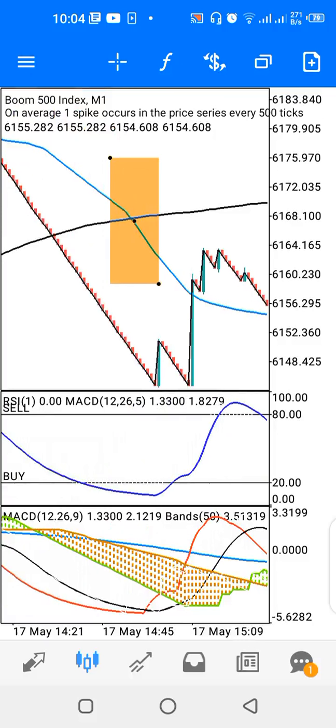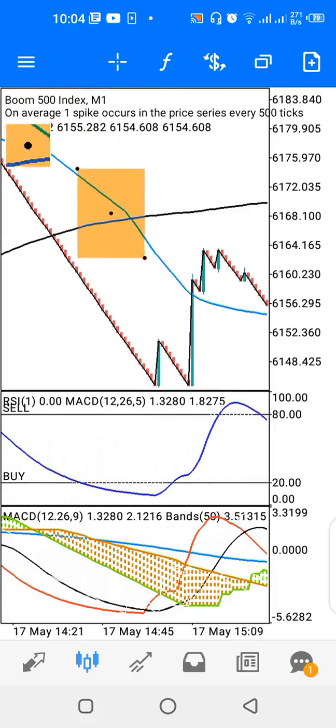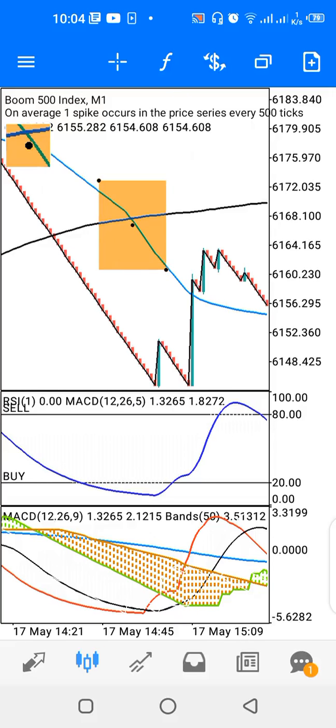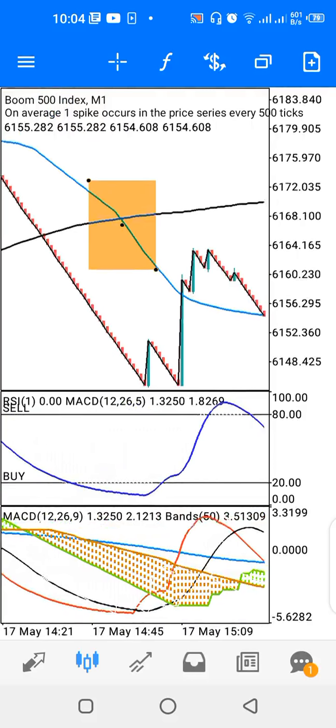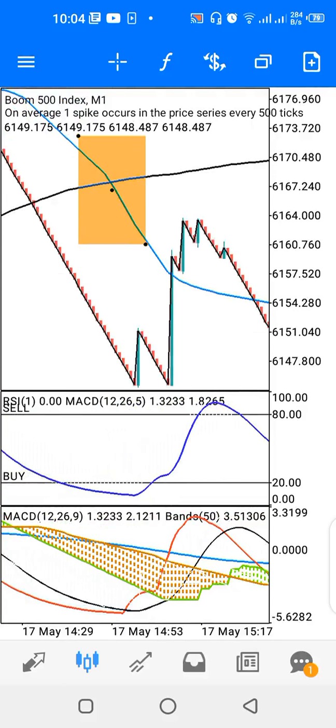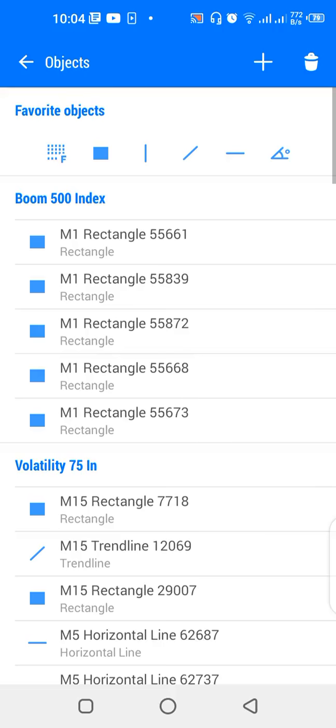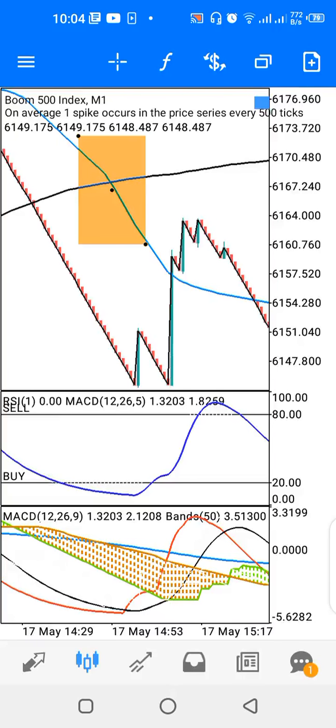So the same method: on Crash index, when the blue line crosses down the black line, I sell. Of course, if I'm going to sell, like in this scenario, my entry will be somewhere around here.